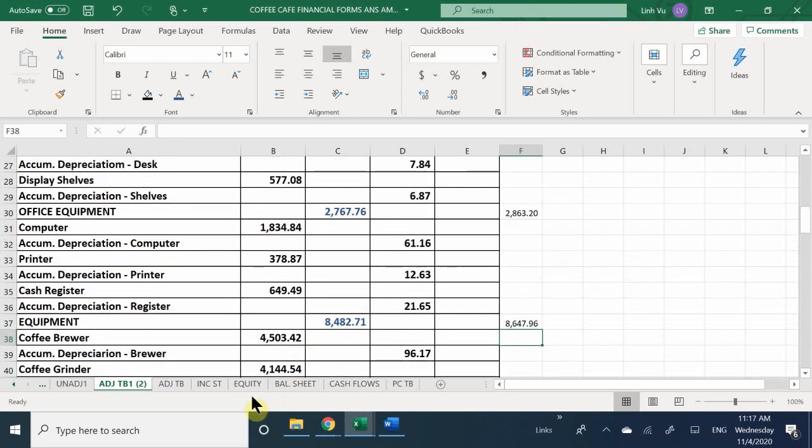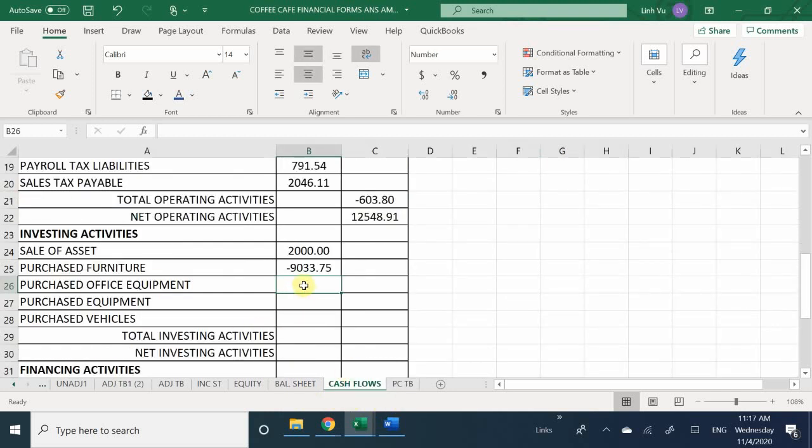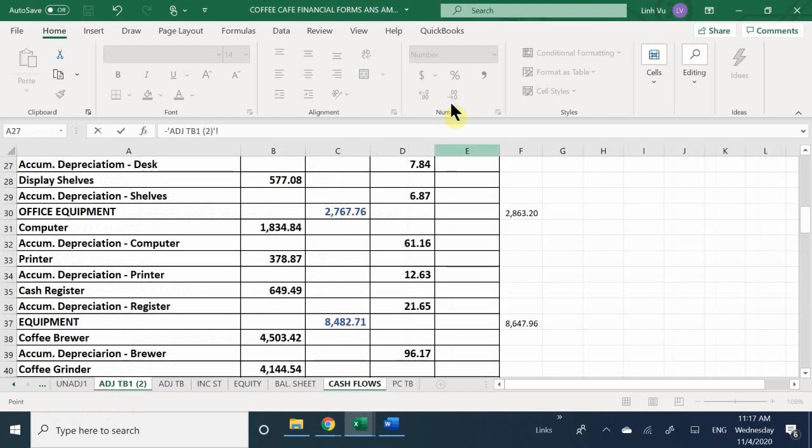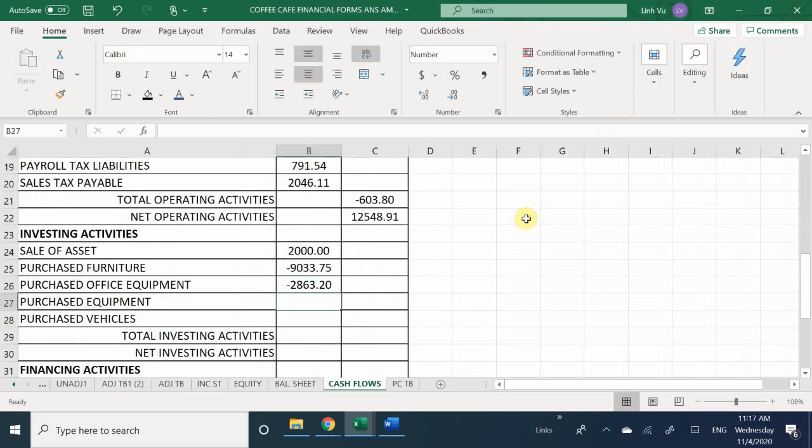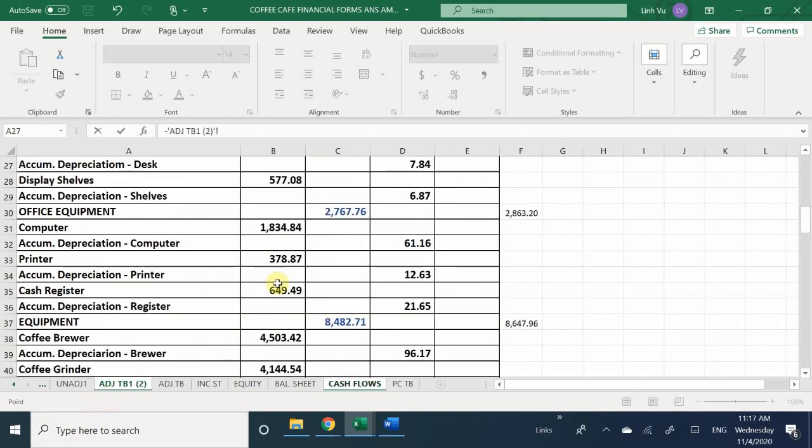So going back to my statement of cash flows, I know that I need to subtract out my total office equipment, which I solved for was $2,863 right here. I also need to place in the equipment that I purchased, which was for a grand total of $8,000, right? $4,000 for the brewers, $4,000 for the grinder.